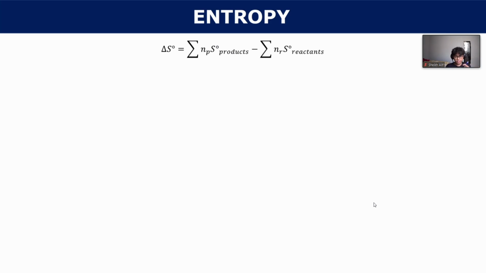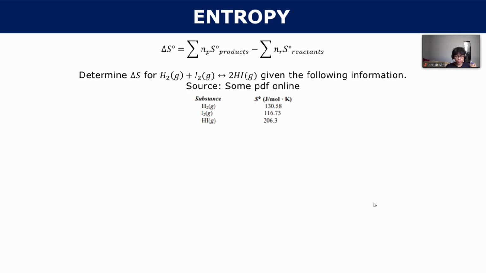So in order to see what this equation really means, let's do a bit of practice with it. We're given the problem: determine the change in entropy for this equation here, given the following information. We know that we're going to have to calculate the sum of the entropy of the products, so let's do that really quickly.